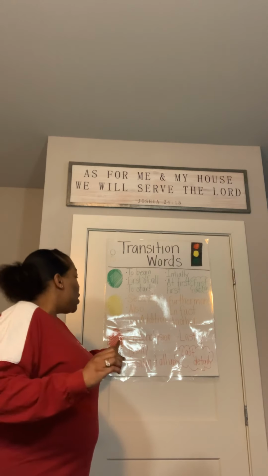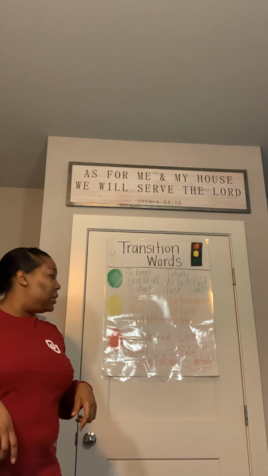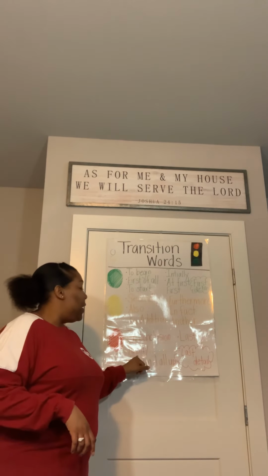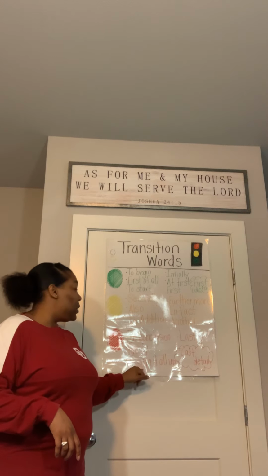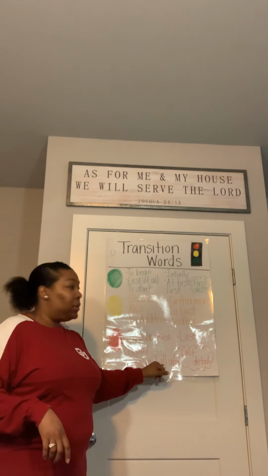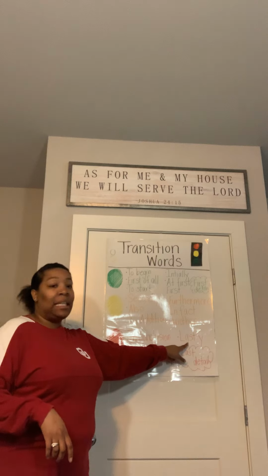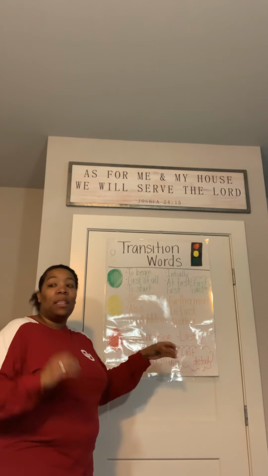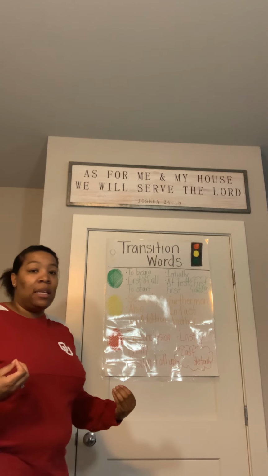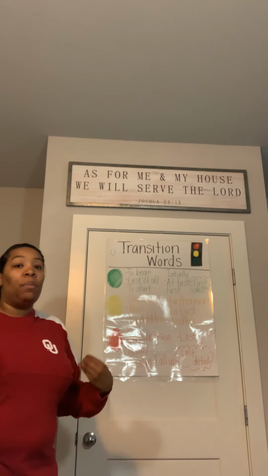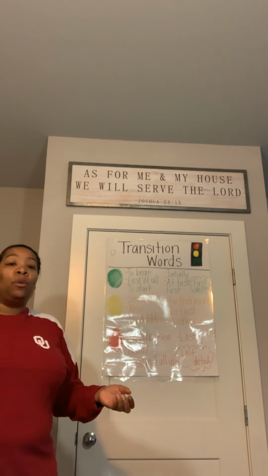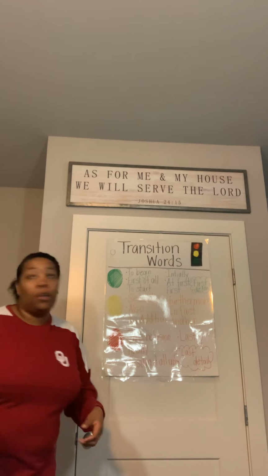So, the red transition words say, in conclusion, finally, to sum it all up, lastly. Lastly, we only use this on the last sentence of our paragraph, and that would be the last supporting detail.